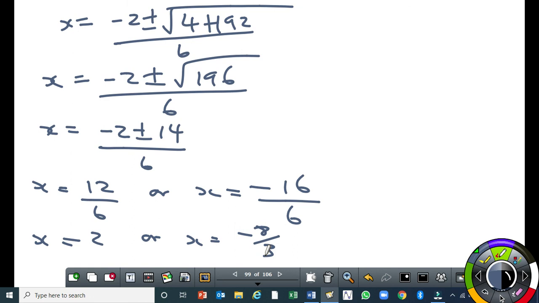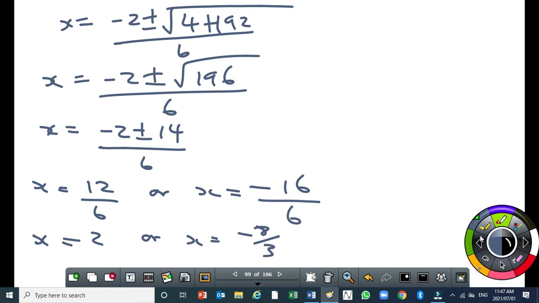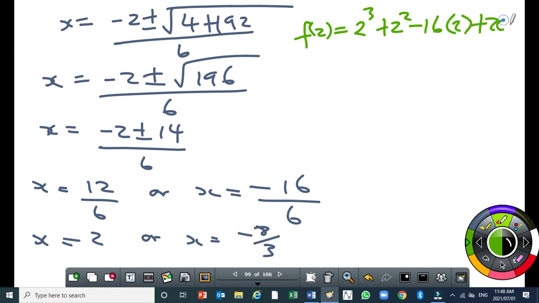Alright, now these are the x values at the stationary points. Now I need to determine the y values. Now the y values I have to substitute. Let me start by substituting x equal to 2. So I will have f of 2, that will be 2 cubed plus 2 squared minus 16 times 2 plus 20.